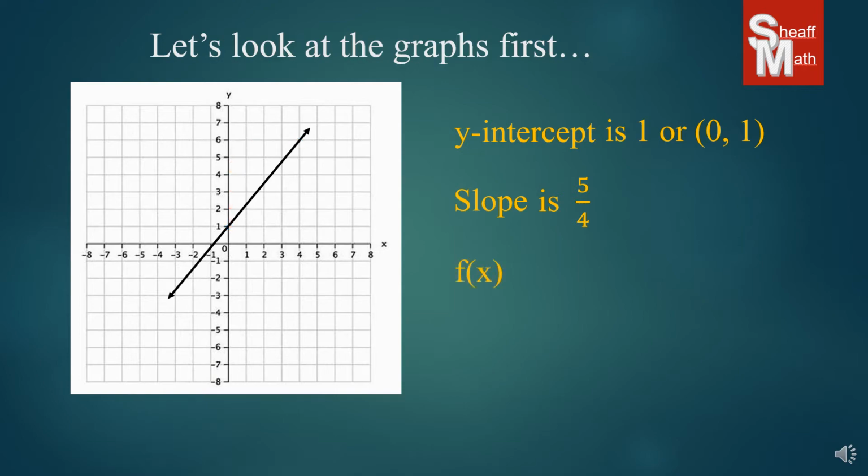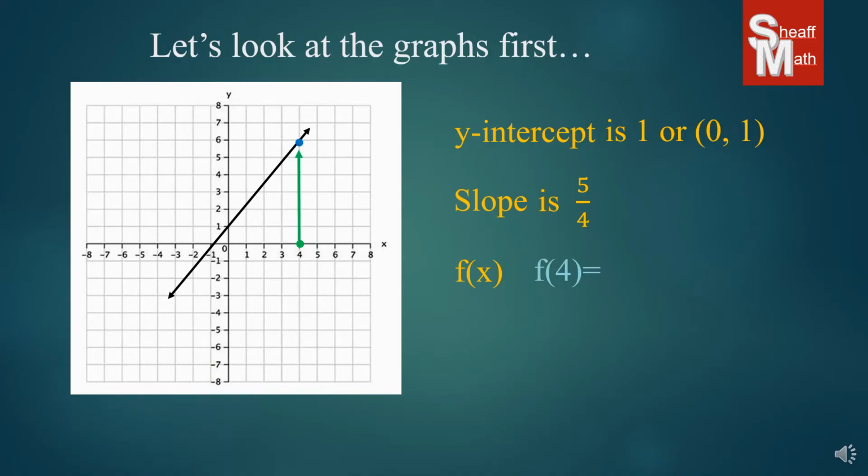Now the last thing you might be able to find out is f of x. And so that would be something like this. What is f of 4? In other words, if x equals 4, what does y equal? So let's find 4 on the x-axis. There it is right there in green. And let's go up to see where the 4 and the line meet.